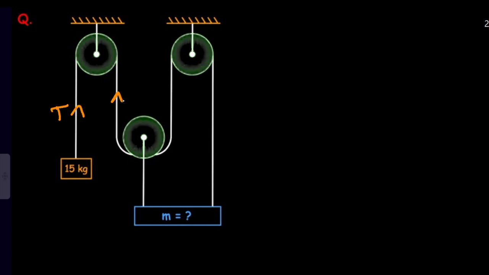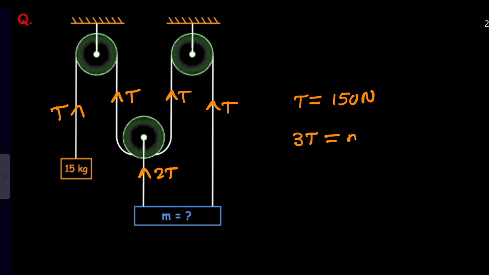So T, yes. T value how much now? 150 now? How much is the T value? Next, yes, 3T. 3T is equal to M into G. So that is 3 into 150, which is equal to M into 10.